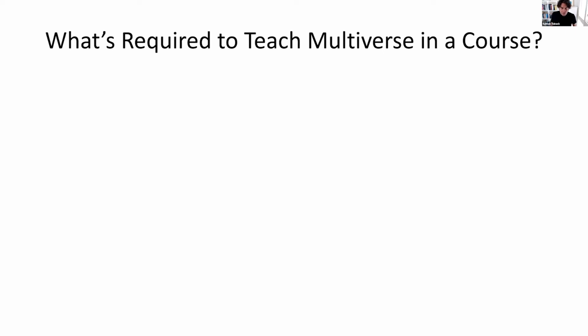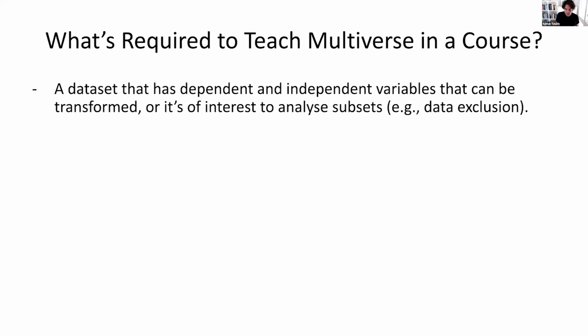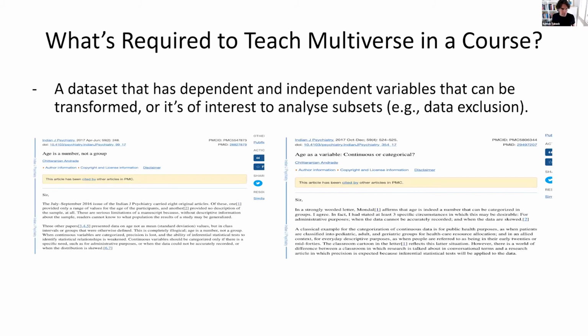So what's required to teach multiverse in a course? Well, you need a rich data set, one that has dependent and independent variables that can be transformed, or where it's of interest to analyze subsets, for example excluding certain parts of the data. Here's a quick discussion from the Indian Journal of Psychiatry: should age be treated as a number or just a variable?